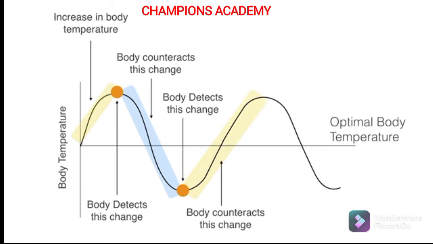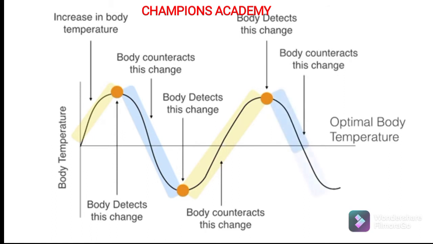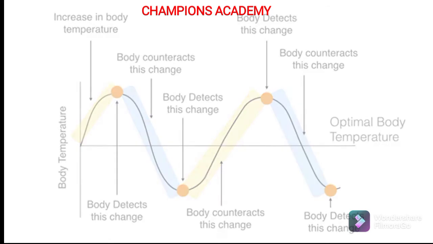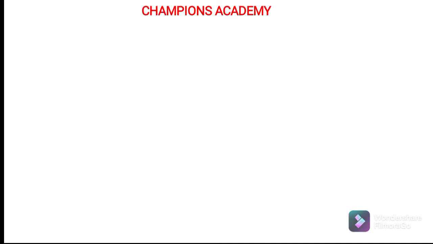This process continues so that when temperature increases, the body detects this change and counteracts this change and cools the body down. If you're feeling a bit confused, then we may have a problem. Just kidding. Our next video will explain this concept in a greater amount of detail. Today's video is just an intro into the whole homeostasis thing.